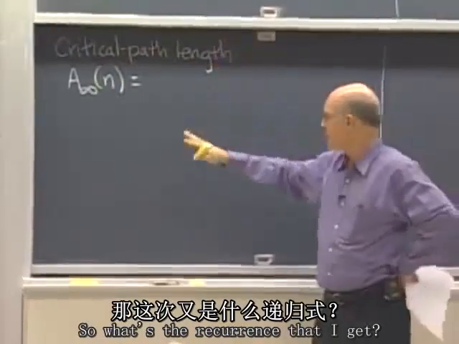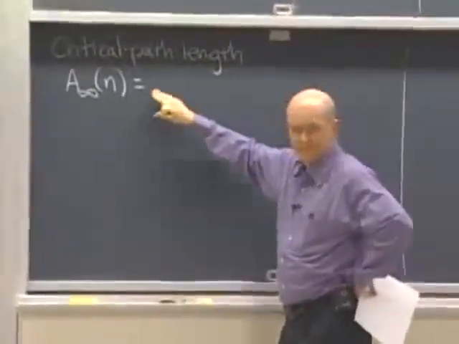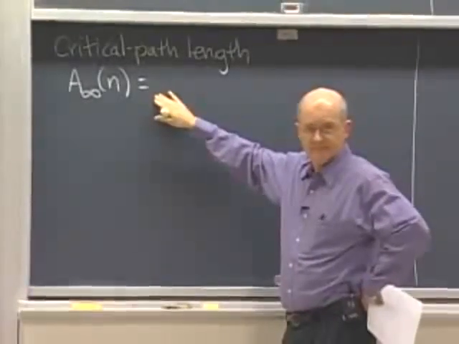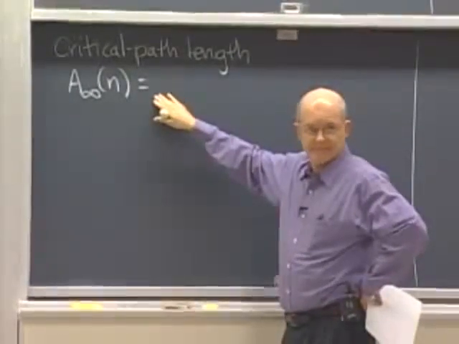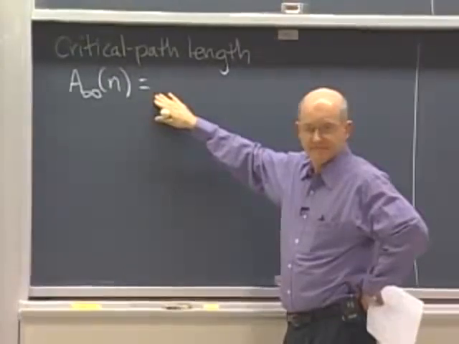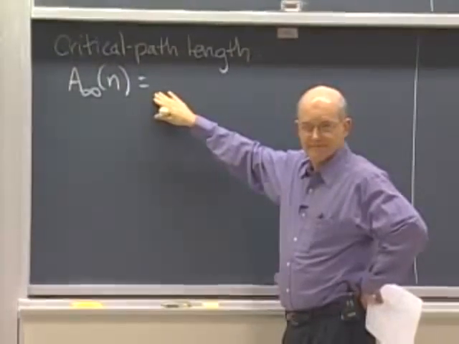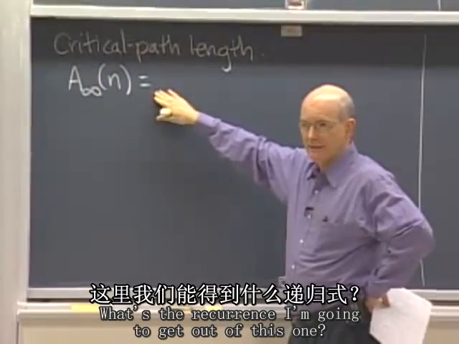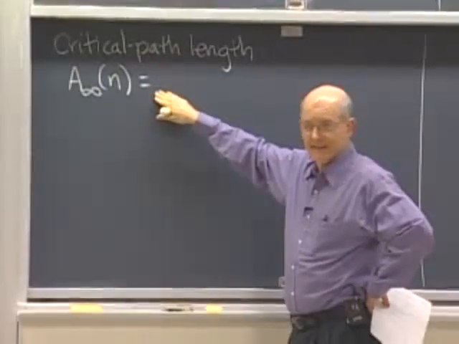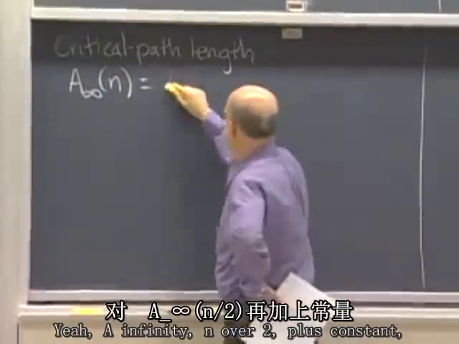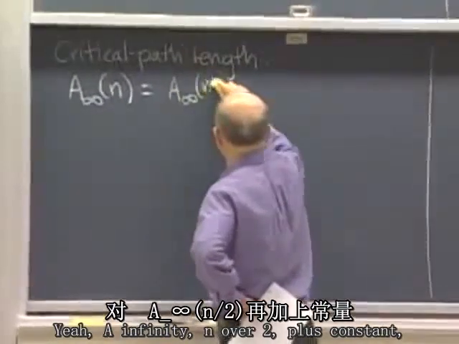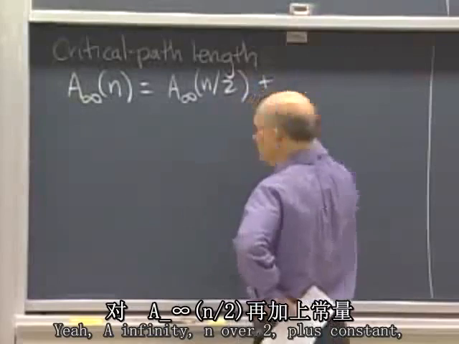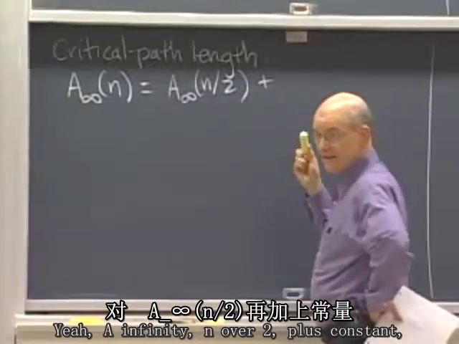So what's the recurrence that I get? What's the recurrence I'm going to get out of this one? Yeah, A infinity n over 2 plus constant.